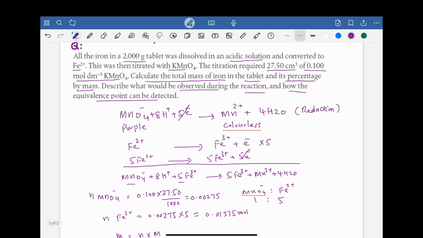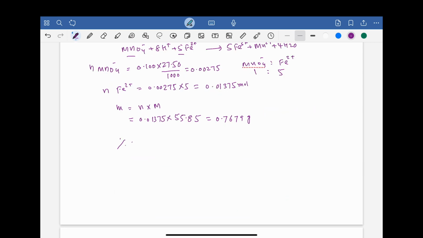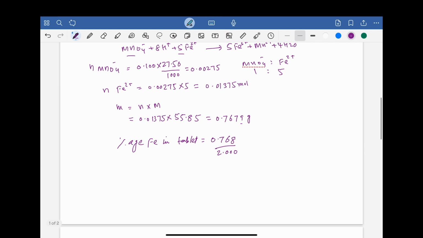2.00 gram of tablet. So let's find out the percentage of iron in the tablet. That will be equal to the mass we worked out, 0.7679, rounded to 0.768, divided by 2.000 times 100.